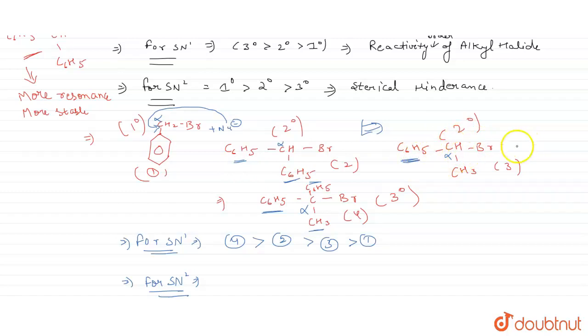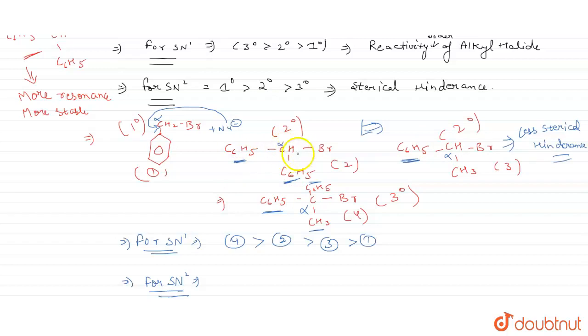So there is less steric hindrance. It is comparatively easy for the nucleophile to attack this carbon from the back, because only 1 phenyl group is attached with this alpha carbon, while in the other there are 2 big groups attached. So it is more difficult for the nucleophile to attack this alpha carbon.